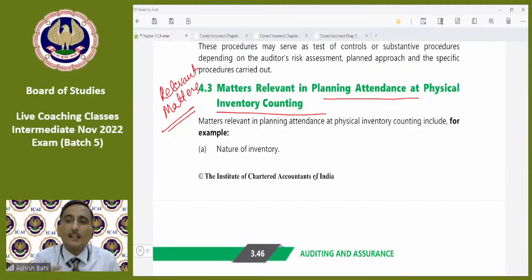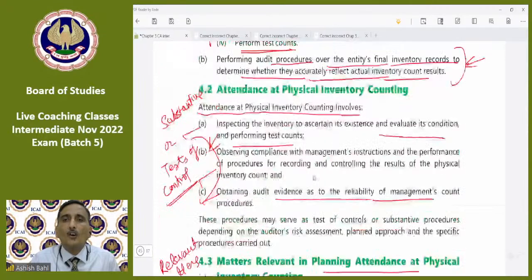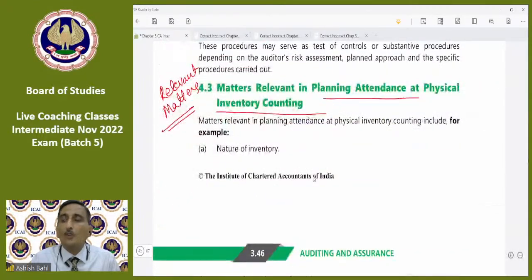Say the auditor has planned to attend the physical inventory counting at a closing date. So what factors should he keep in mind? These are the factors he should keep in mind, like nature of inventory.